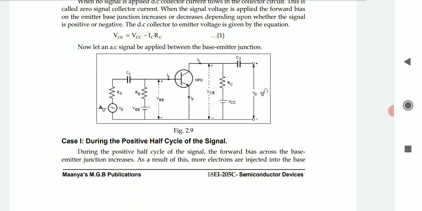C2 is the capacitor which is used at the output side to block any DC flowing through the output of the circuit. It sends only the AC signal to the next stage. If the next stage is connected, then it allows only AC, it blocks the DC.